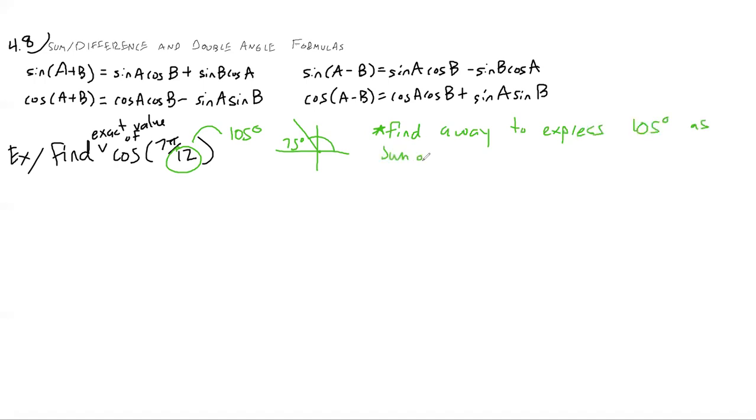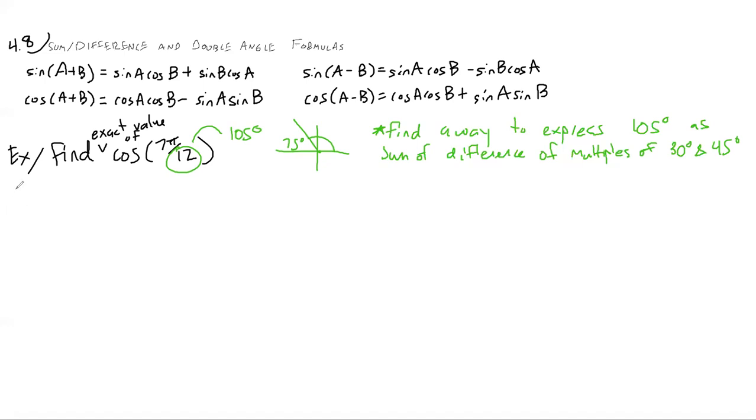So a sum or difference of multiples of 30 and 45, because 30 will cover your 60 and your 90 and then all those multiples, and 45 will cover the 45s and the 90s. And then we should be able to get to any multiple of 15 using these combinations. In particular, for 105 degrees, there's a few ways we could do it.